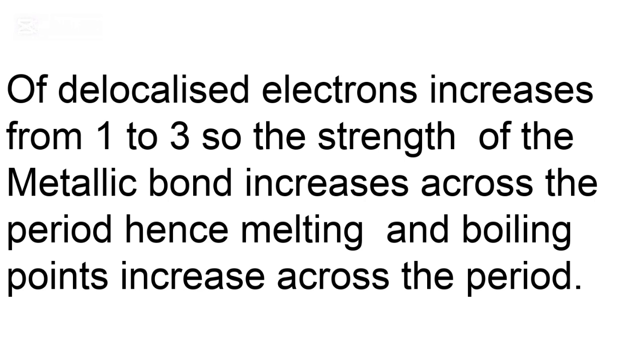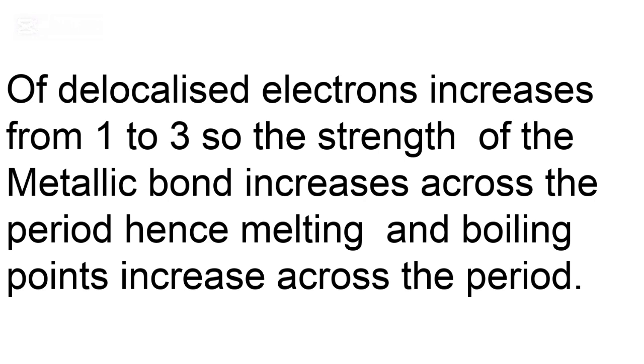So I hope you've understood that the melting and boiling points involve the bond type. So the first 3 elements are metals, but their melting points are not the same because of the strength of the bonds holding the different metals together.